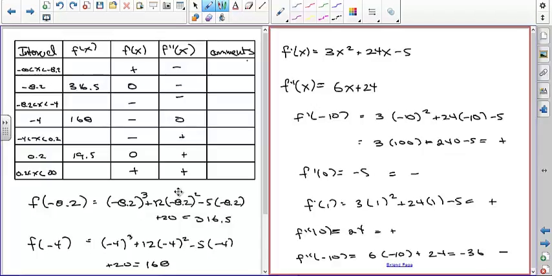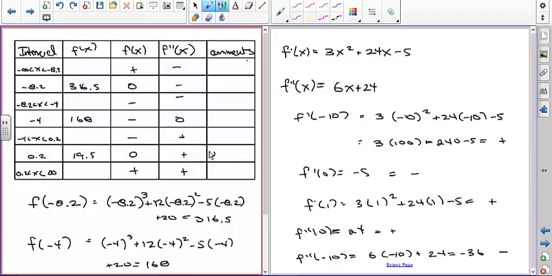So let's do the first ones, which are the critical numbers. So these critical numbers, this is concave up. So this tells you it looks like that, which means that it's a minimum. Up here, it's negative, which means it's concave down, which means that it's a maximum.